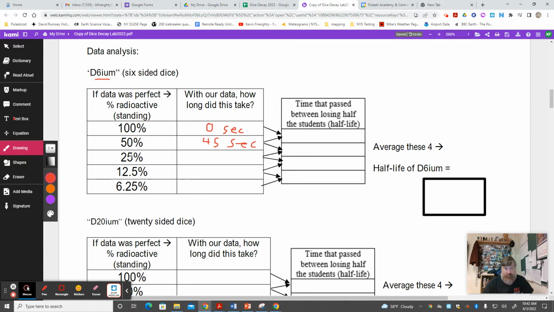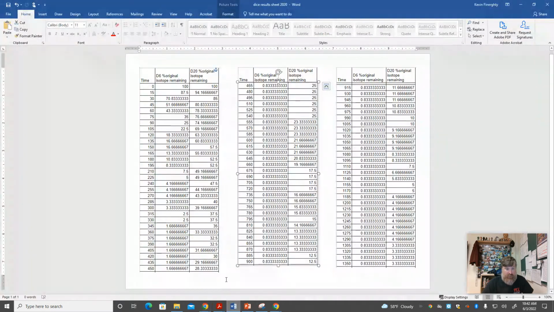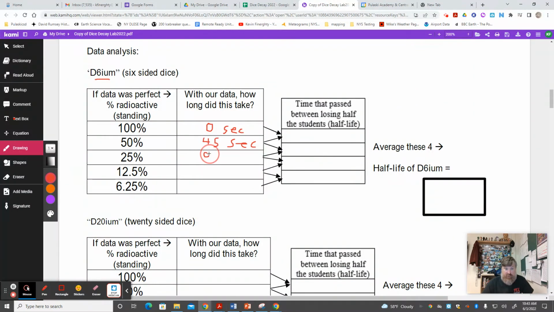So then another half-life would get us down to 25%. How long did that take? In this case, it worked out pretty well, right about there, at 90 seconds. That's wonderful, because that shows us that after that much of an interval, we lose half again.